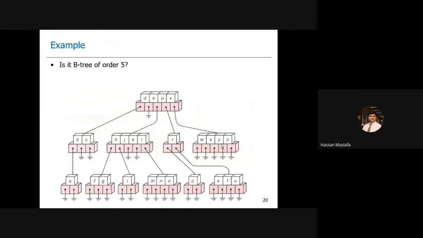So let's look at this tree and try to determine if this is a B tree or not. For a B tree of order 5, order means m is equal to 5. So if m is equal to 5, ceiling of m by 2 here is 3. Which means that every node that is not the root node should have at least 3 children and ceiling of m by 2 minus 1, that is 2 keys.